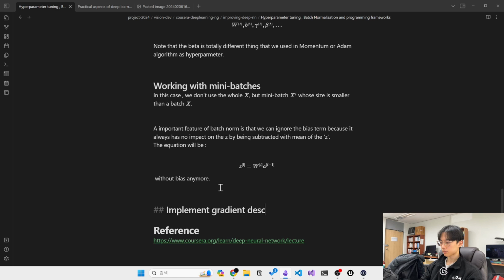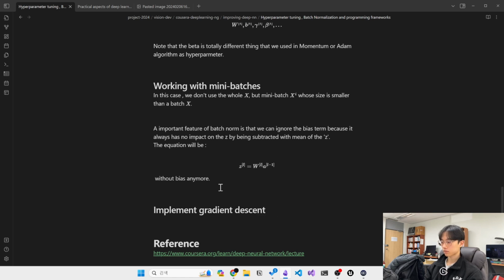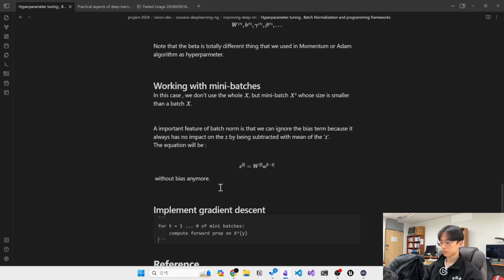You would implement forward prop on mini batch xt, and doing forward prop in each hidden layer, use batch norm to replace ZL with Z tilde L. And so this ensures that within that mini batch, the values Z end up with some normalized mean and variance. And the version with the normalized mean and variance is this Z tilde L.